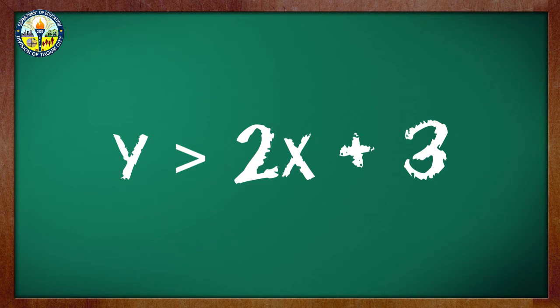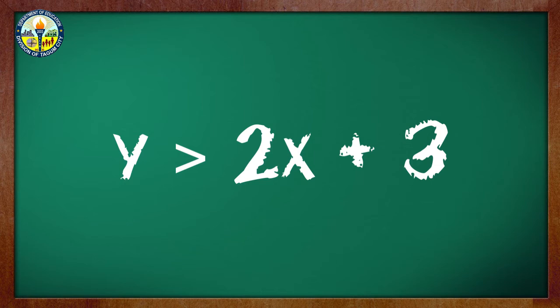Here, a linear inequality is formed. Now, let's graph the inequality y is greater than 2x plus 3. Take note that solving and graphing linear equations are similar to solving and graphing linear inequalities.